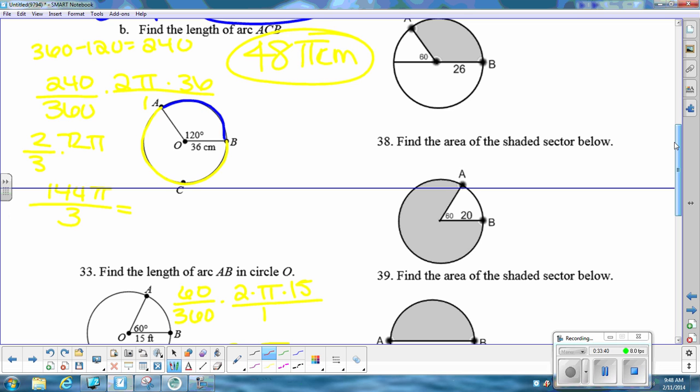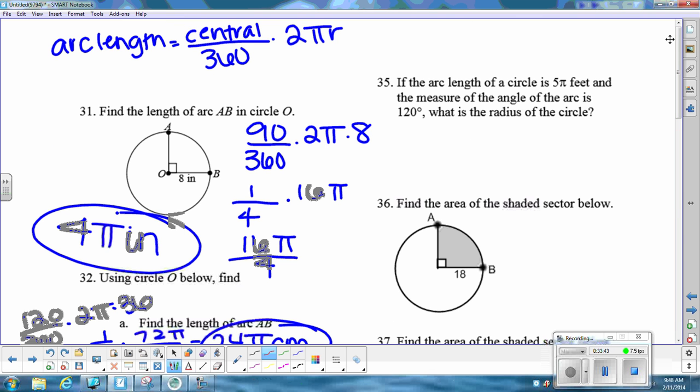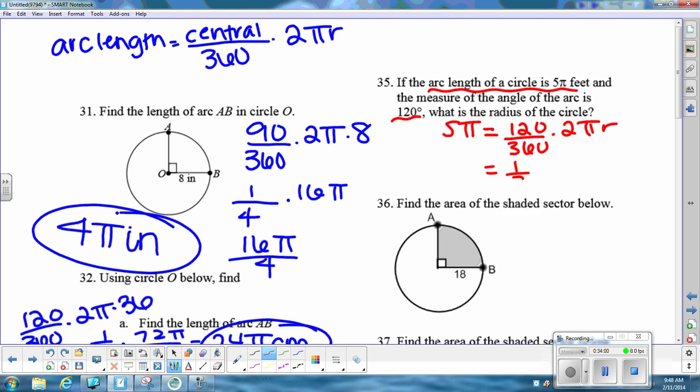Going up, number 35. Again, backwards one. So our arc length is 5 pi. Equals, our measure of our arc is 120, so we have 120 over 360 times 2 pi r. We know that 120 over 360 is just 1/3 times 2 pi r.